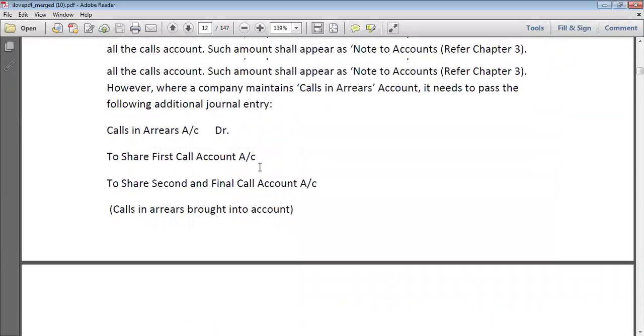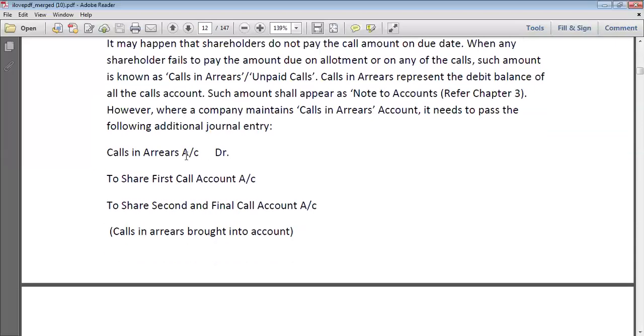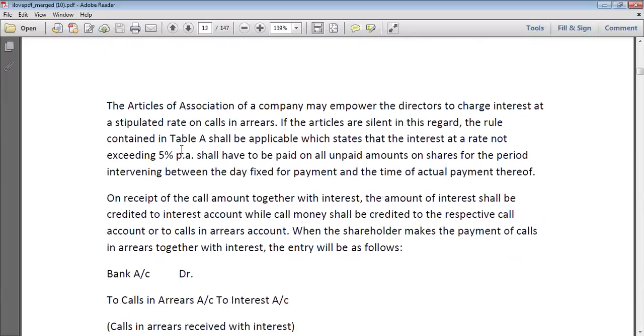On calls in arrear, shareholders have to pay interest to the company, and that interest rate will be maximum 10% according to the new clause. Here I mentioned 5% per annum, but remember it becomes 10% now. So according to the new guideline, it becomes 10% per annum.